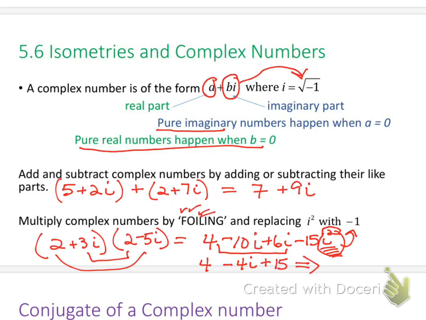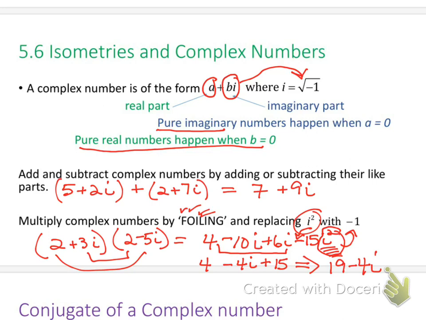So the end result is going to be 19 minus 4i. Okay, so whenever you have an i squared, when you square i, it becomes a real number. Okay, that real number is negative 1. So that negative 1 will always flip that sign. Okay, remember, you can never leave an i squared in your answer.